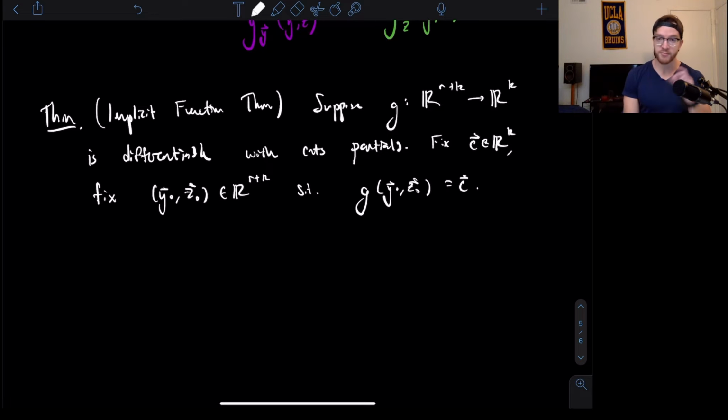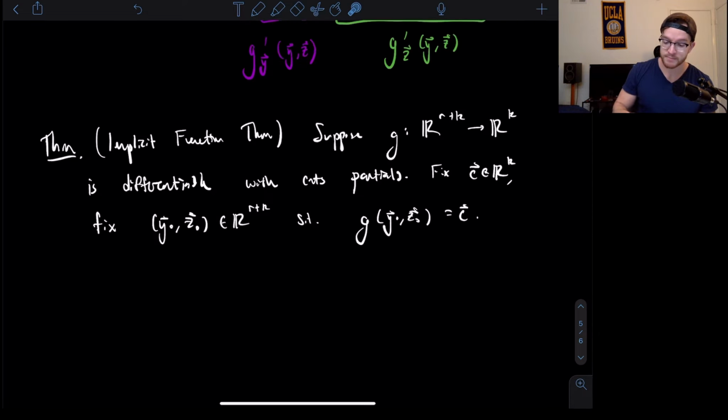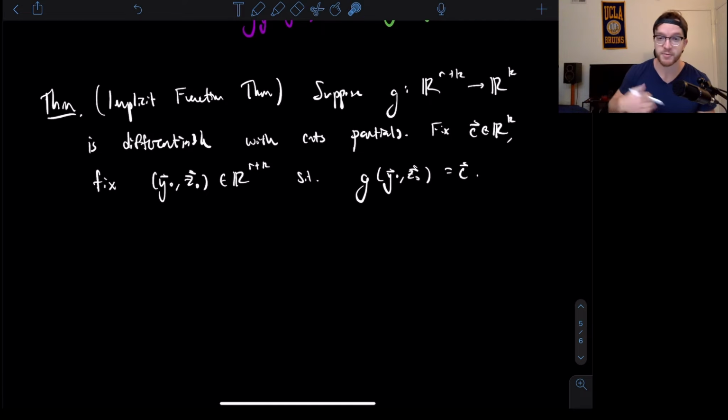In other words, I've found one particular solution to my system of equations, or geometrically, I've found one point on my blob described by the system of equations.